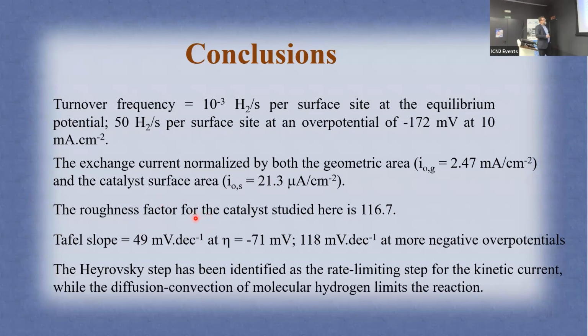The roughness factor of the catalyst is 116. The Tafel slope is close to 49 millivolts per decade at 71 millivolts. It's very small for this reaction using this electrochemical catalyst.